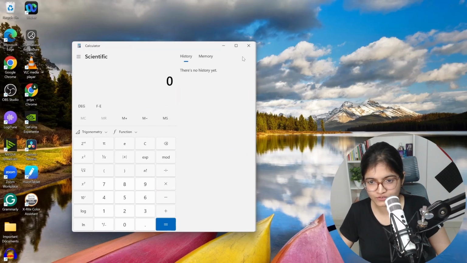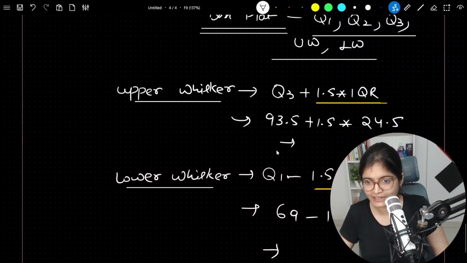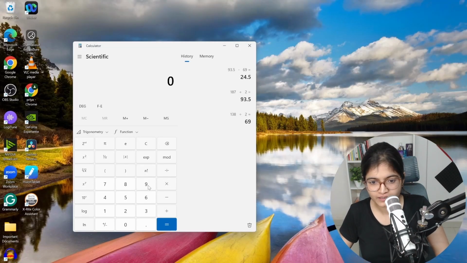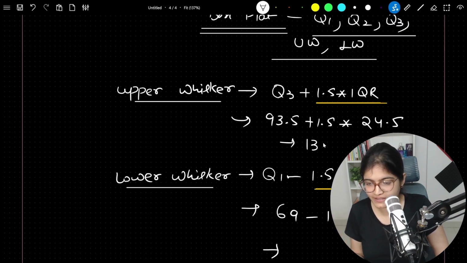But again, if I try to solve this with the help of a calculator, 93.5 plus 1.5 into the value of IQR, which is 24.5 in our case. So we are getting the answer as 130.25 as the upper whisker.